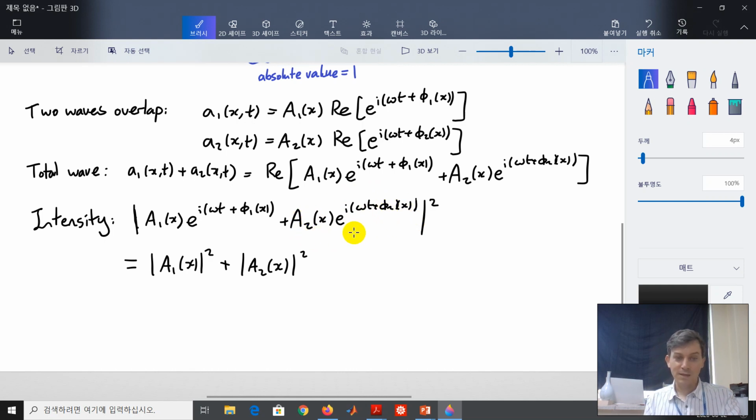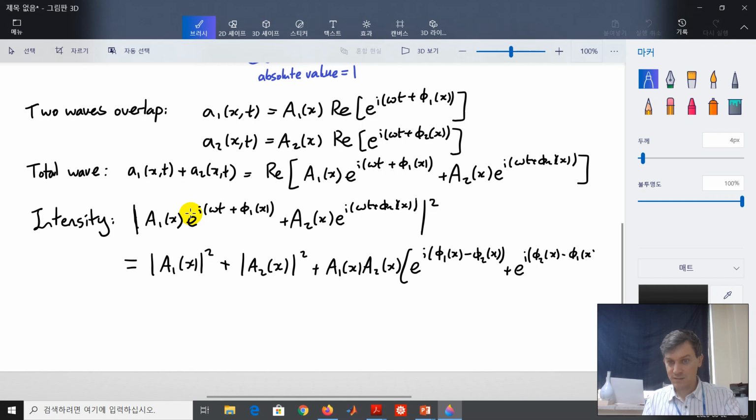That will give you a1(x) a2(x) times e to the i(phi1(x) minus phi2(x)). And you also get the term when you multiply the second term with the complex conjugate of the first, which gives e to the i(phi2(x) minus phi1(x)).